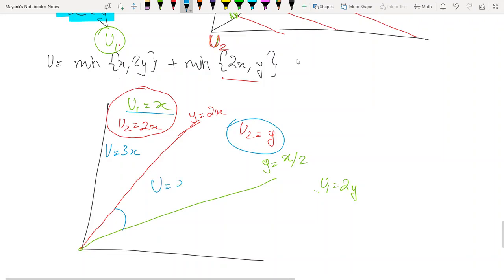So this becomes x plus y. Whereas in this zone, u1 has become 2y, u2 continues to be y. So here utility becomes y plus 2y, that is 3y.